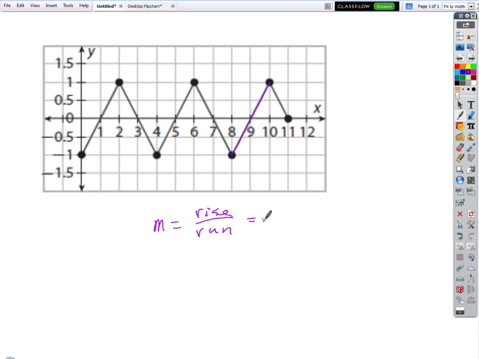Y. Okay, so then you've also talked about that as being change in y over change in x. So that's a rate, right? That's the rate of change of the function, right? Because isn't y just the same as f of x? So if you wanted to, you could even think about that as being the change in the function over the change in x, right? Same thing. So a rate of change is a slope.